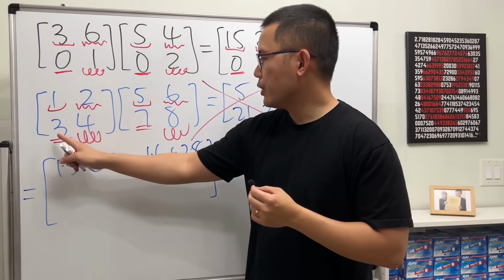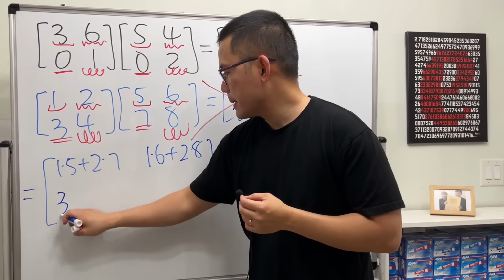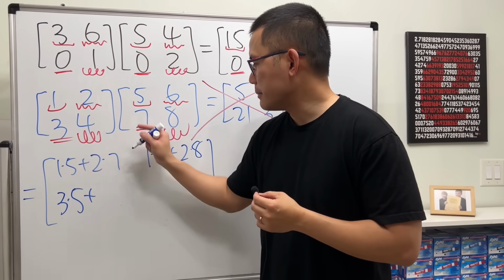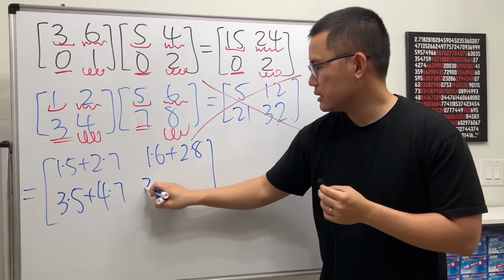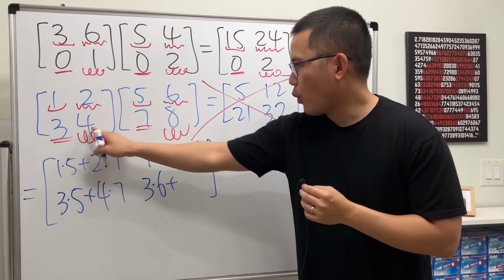And continue. We do 3 times 5 plus 4 times 7. Finally, 3 times 6 plus 4 times 8.